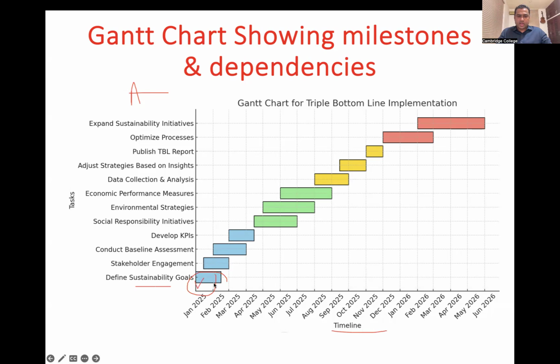So when are you starting? When are you stopping? Stakeholder engagement, baseline assessment, develop KPIs. So it's like a project plan. When are you starting and stopping each activity? And a Gantt chart will show activity over a period of time. Project managers, marketing managers will use this to manage the project timeline.